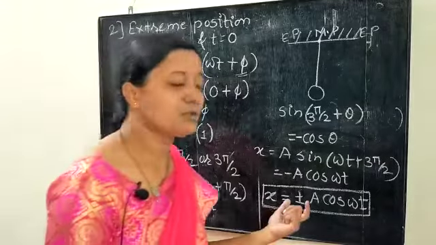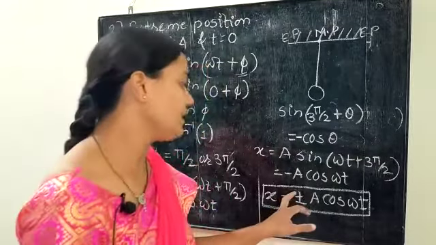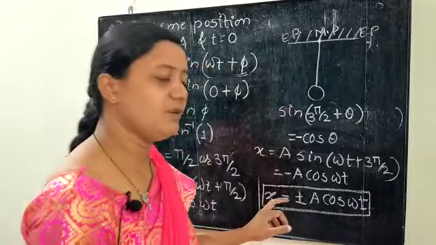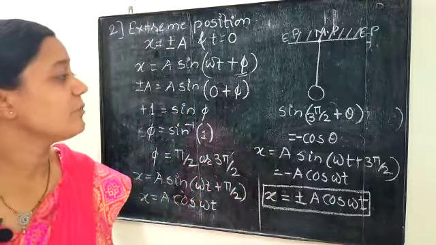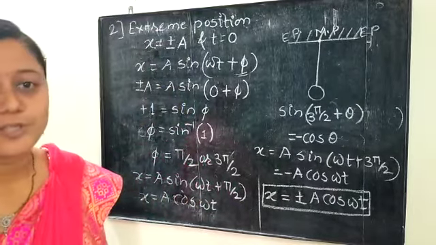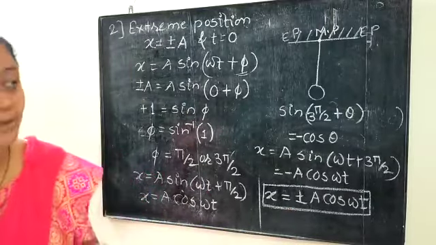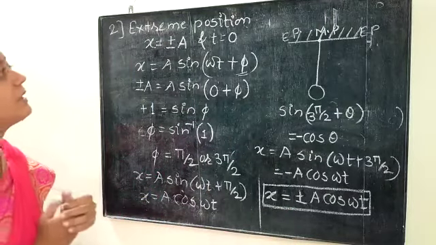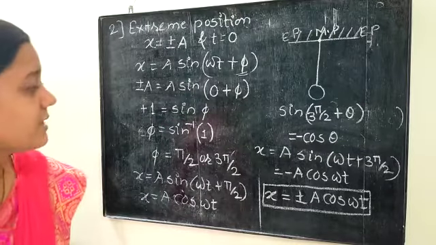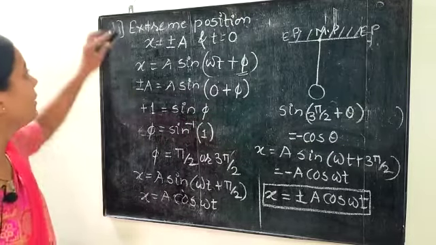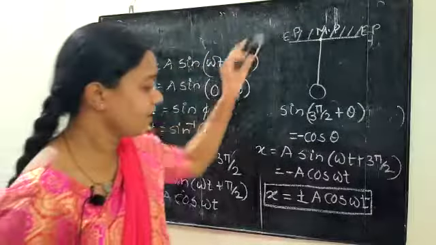The plus or minus sign is for this: if the particle starts motion from the positive extreme position, we consider the positive sign, and if the particle starts motion from the negative extreme position, we consider the negative sign. So we have the two particular cases, for the mean position and for the extreme position. These are the two equations we discussed today.